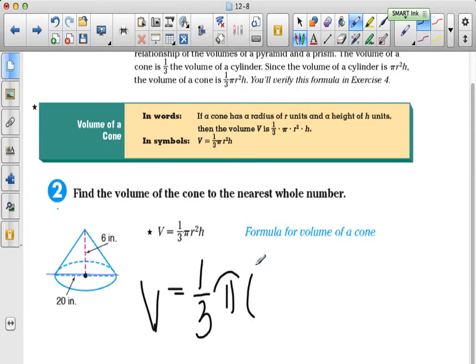So this becomes 10 squared times the height, which is 6 inches, multiplied by 6.